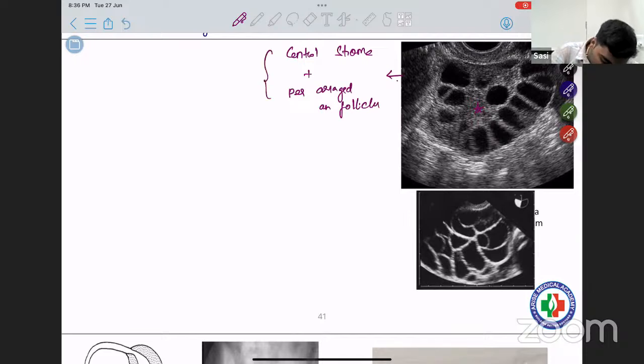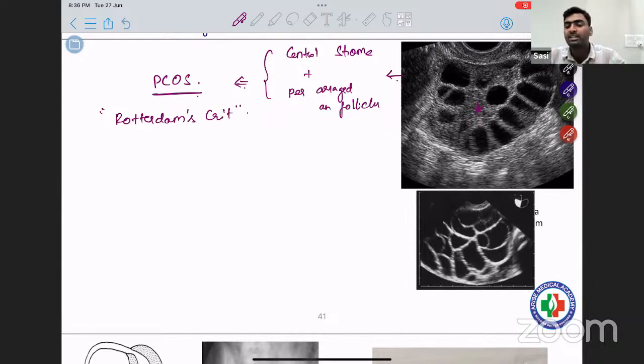These are seen in which condition? They are seen in a case of PCOS. What is the name of the criteria you will use in the case of PCOS? Yeah, you are getting it correct. It is known as the Rotterdam criteria.